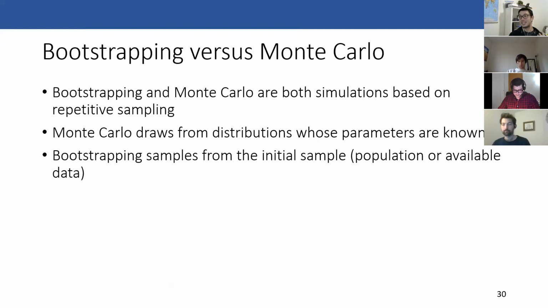Bootstrapping is essentially the same thing, but instead of taking it from distributions that you create based off parameters, you are doing random draws from a sample of data. And that's either, you know, your population or available data. So you may have real world data that has some event-based distribution, and you could just draw from that to do your simulation.